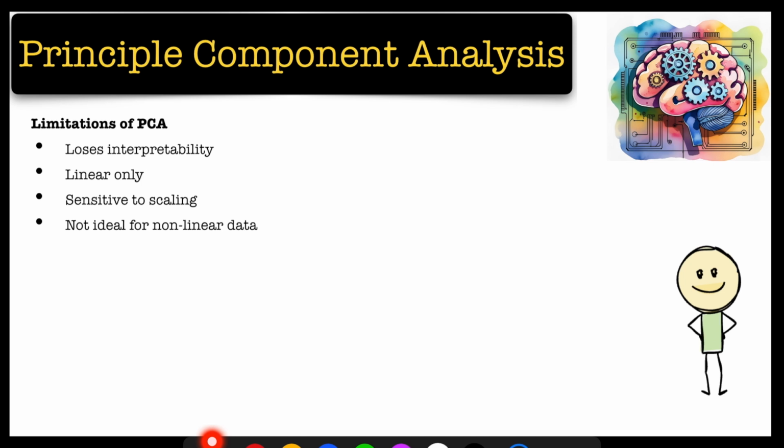We don't know what these dimensions actually mean. So it loses interpretability in some cases. It's linear only. It's sensitive to scaling. We need to scale the data properly, then we can apply principal component analysis. It's not ideal for non-linear data, of course.